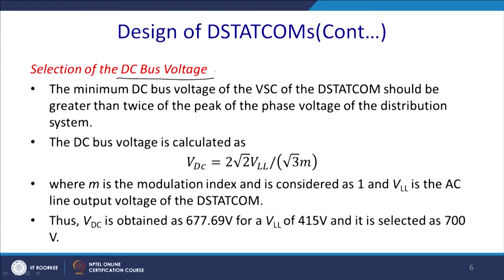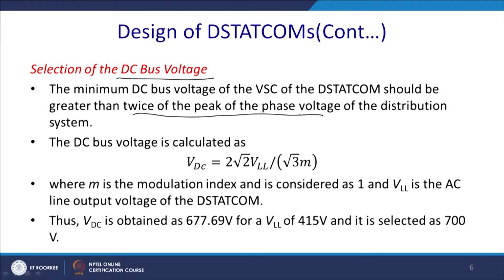So, let us see how we will first go about the selection of the DC bus voltage. The minimum DC bus voltage of the VSC of the DSTATCOM should be greater than the peak of the phase voltage of the distribution system.